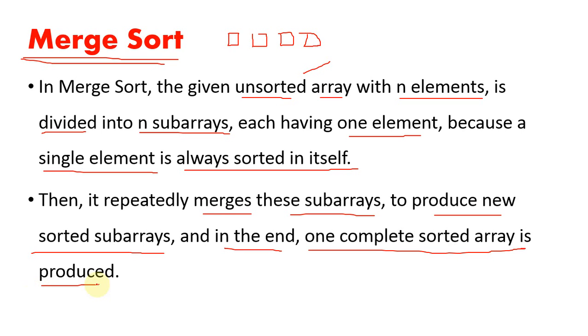It may be comparison, it may be compare and interchange, whatever it may be. Then we will merge. Merging is nothing but the opposite work of dividing. So we will go on merging, single into 2, 2 into 4, 4 like that, and finally we will obtain the sorted merged list.